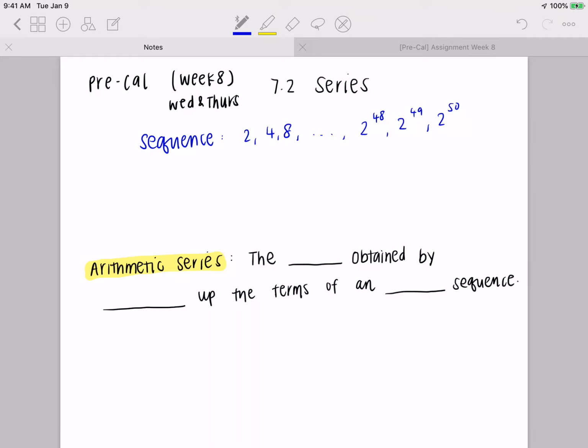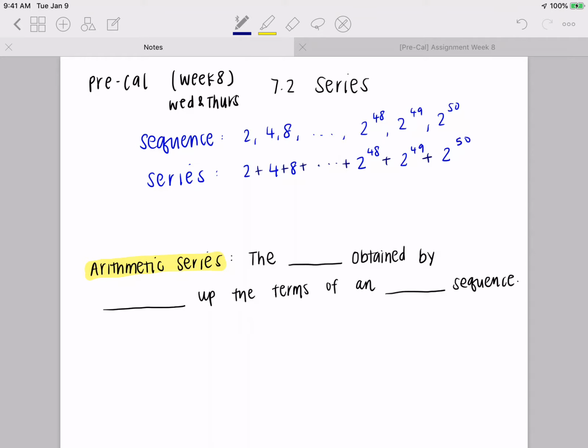And then if I'm talking about series, it can be the same thing, except it's not going to be commas, it's going to be plus signs. We're adding, and there are numbers in between. So a series is adding up all the numbers that are from a sequence.